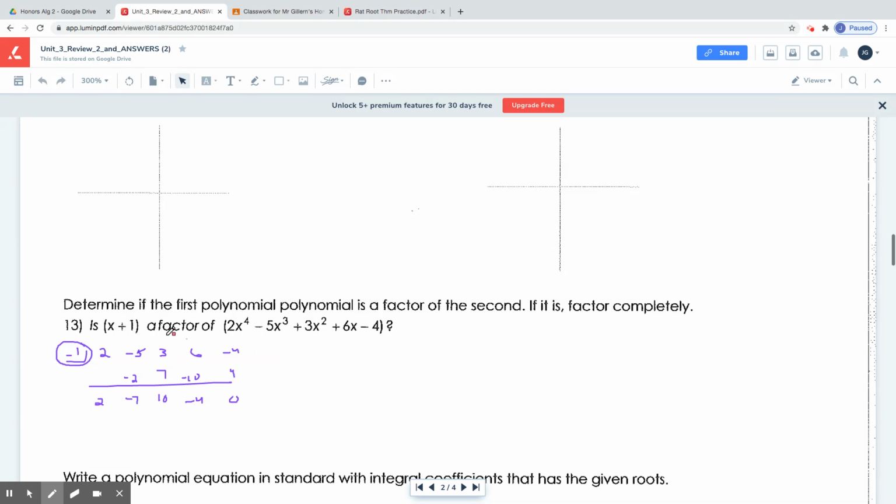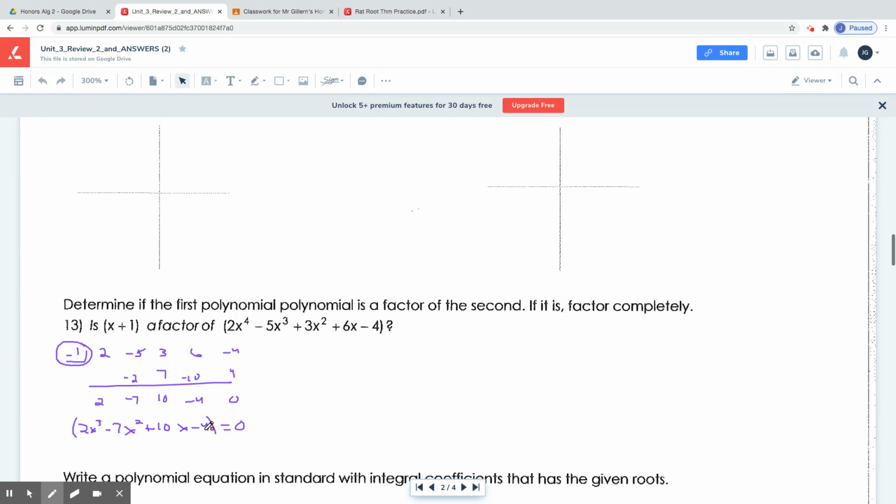So x plus 1 is a factor, and this leaves me with 2x cubed minus 7x squared plus 10x minus 4 equals 0. Now, this cannot be factored using grouping.